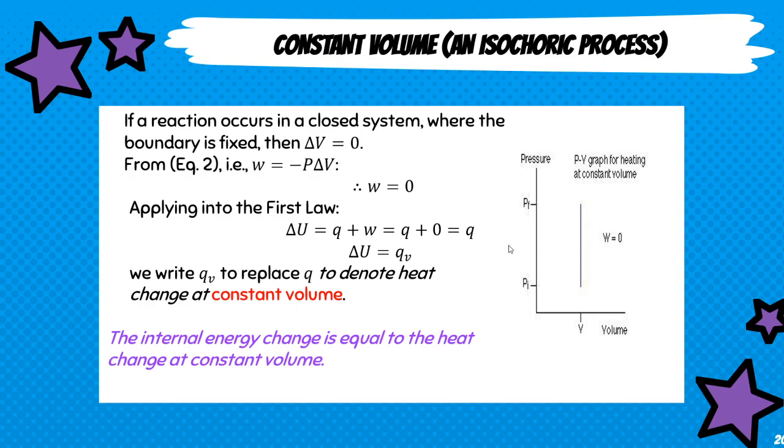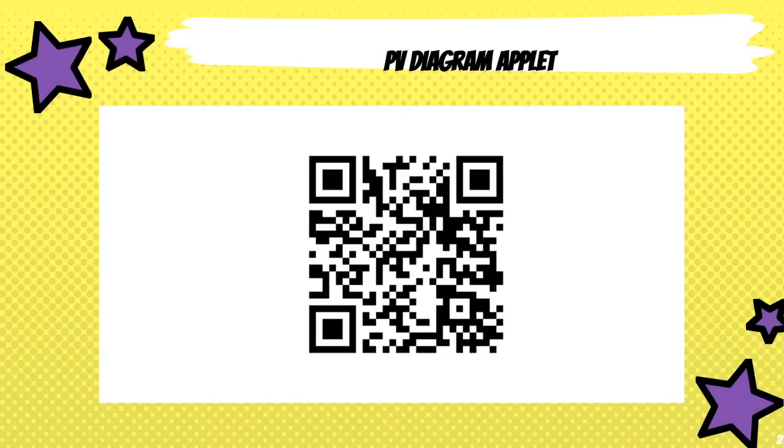Here's an applet on the internet in which you can vary certain parameters. Do play with that so that you have an idea of how a PV diagram looks when you change some parameters. At least this is one that I find. I'm sure there are others that you can also search.